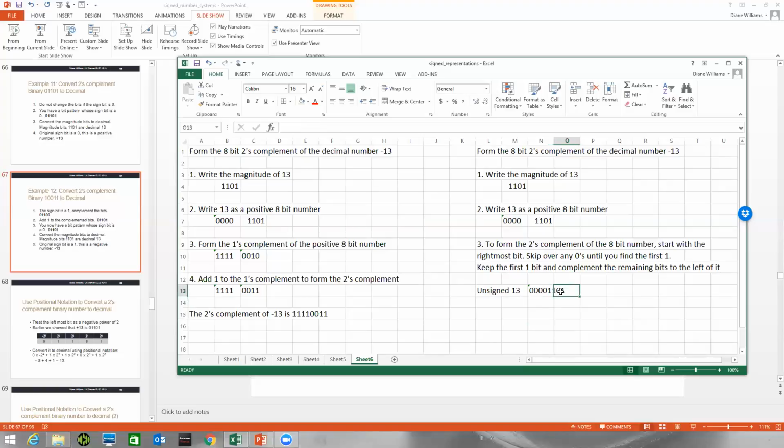We want to keep this first one here. We're going to complement all the bits to the left of it. So we're going to have 1, 1, 1, 1, 0, 0, 1, 1. Here's the 2's complement.